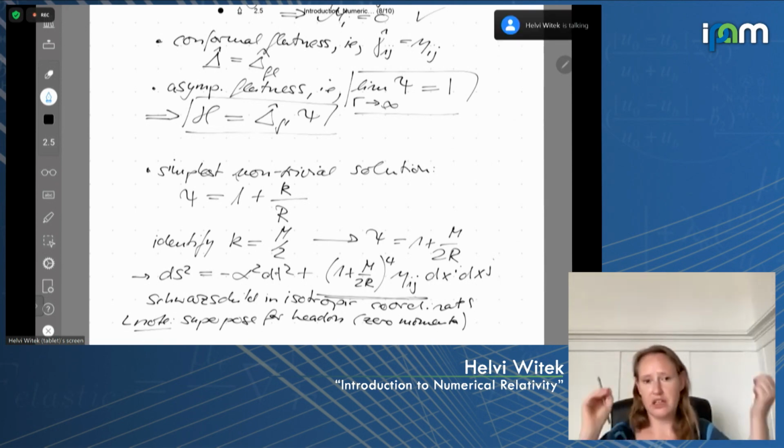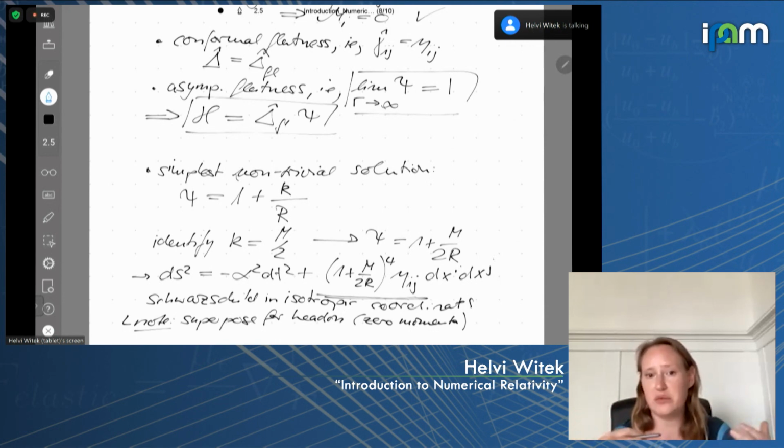But if you want to look at binaries with linear momentum, so if you want them to be on circular orbits, or if you also want to add spin to the black holes, we can use this solution as a seed together with an analytic prescription for the extrinsic curvature that was derived by Bowen and York first to get initial data for black hole binaries.